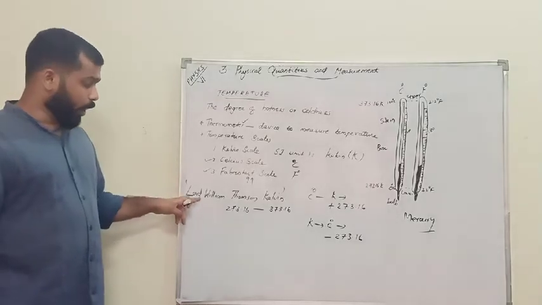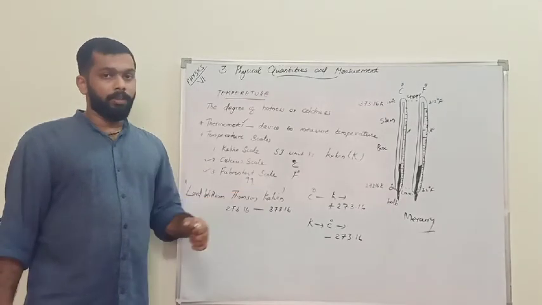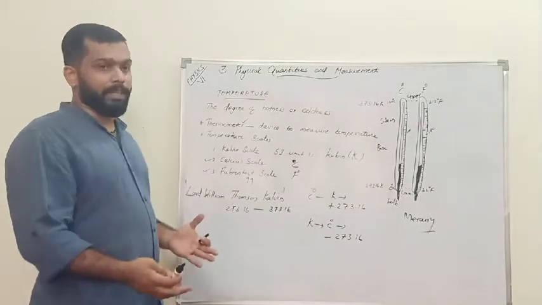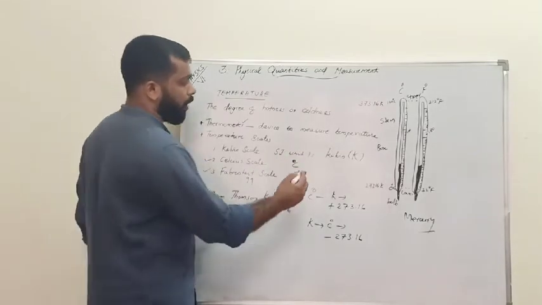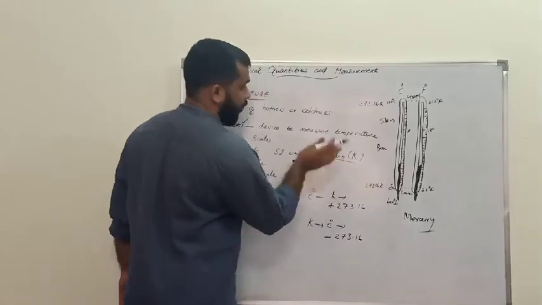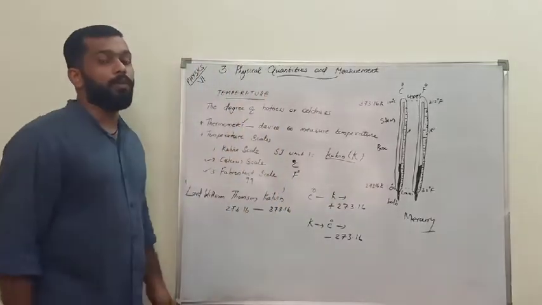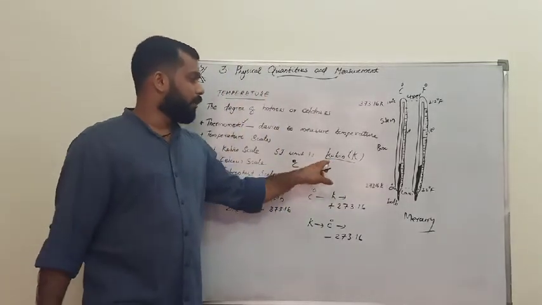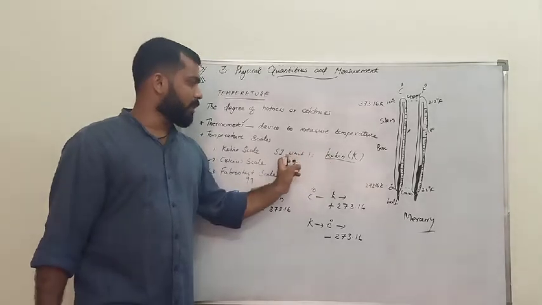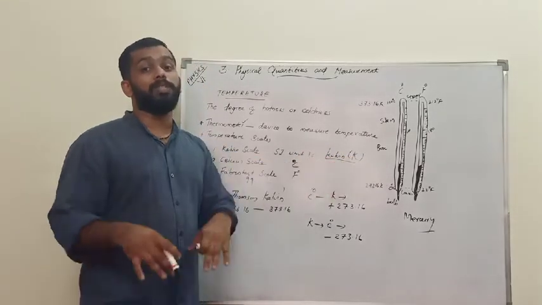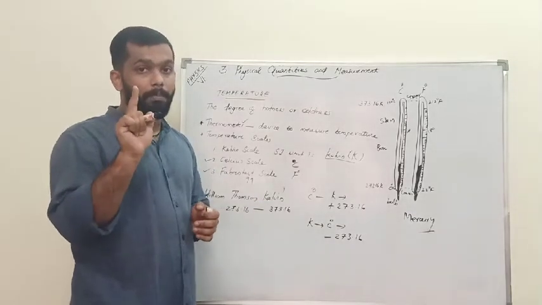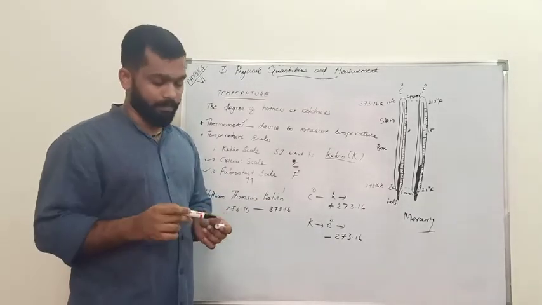In order to respect him, we have given the SI unit as Kelvin. Already in the first class we have seen how we represent this. If it is an SI unit named after a person, we use only small letters, but if you are representing it by one letter, we use capital letters.